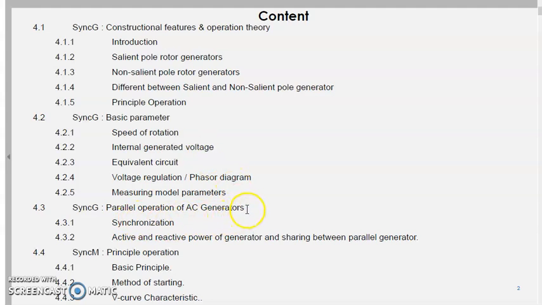Most generators will be used in systems for electrical generation sites, usually hydro power, wind turbines, and all the machines that generate AC source to the grid. Most of them will apply this AC synchronous machine or synchronous generator. And then we go to the principle of operation of the generator.